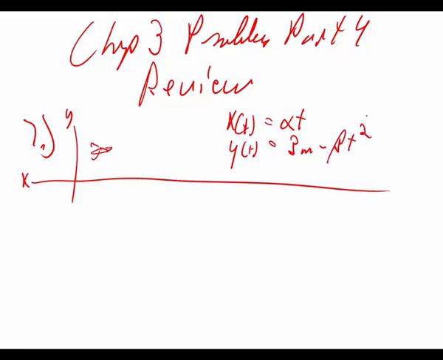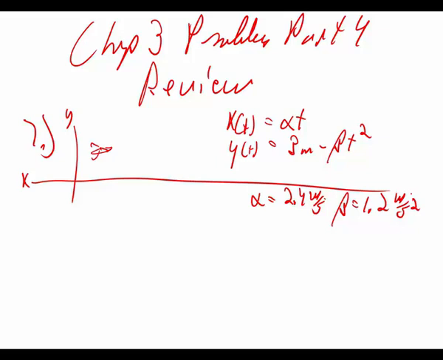And then it tells us what alpha is: 2.4 meters per second, and that beta is 1.2 meters per second squared.